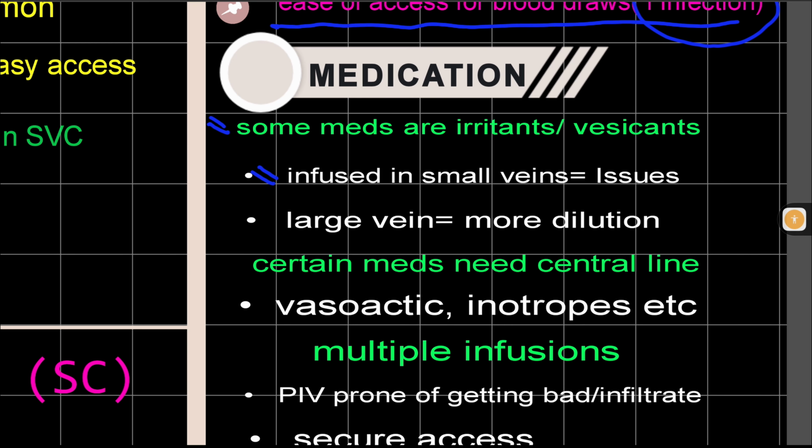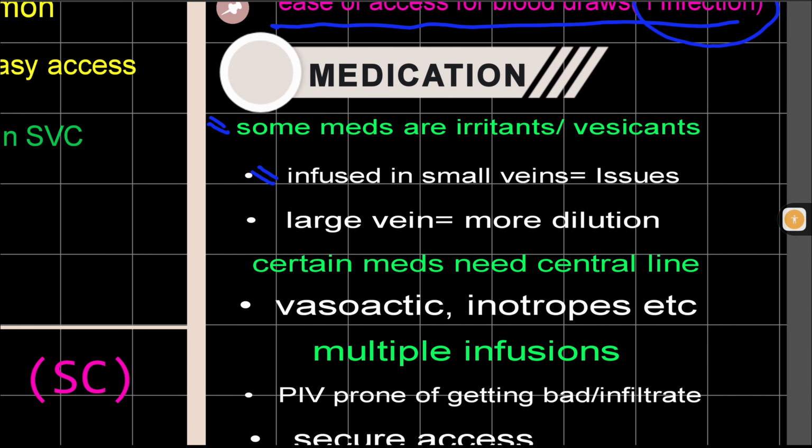If you give that peripherally, that will cause problems because it's highly irritant to the veins. So whenever you start inotropes such as levofed, vasopressin, dopamine, those kinds of stuff, you need a central line, or whenever you're giving very high doses of concentrated electrolytes.